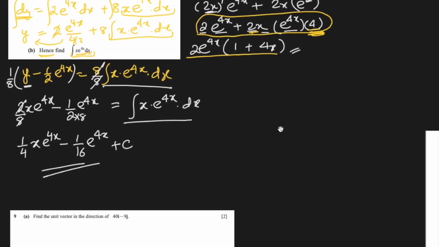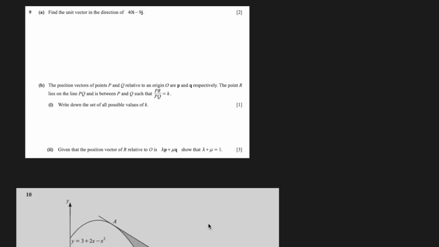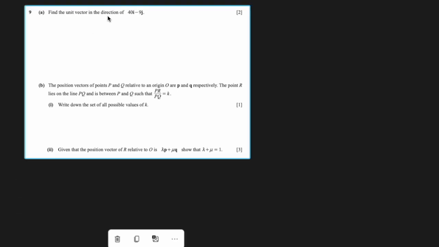Okay. Question number 9. Question number 9 says find the unit vector in the direction of 40i minus 9j. So 40i is positive, that means i is x direction.